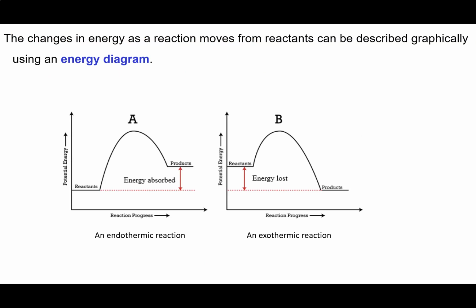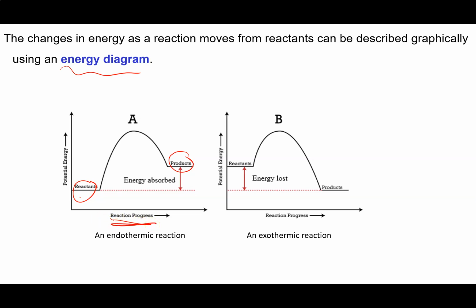Okay, so we'll often indicate the changes in energy in a chemical reaction as we move from reactants to products using what we call an energy diagram. In an energy diagram, you have reactants written on the left and products written on the right. The x-axis is what we call the reaction progress.